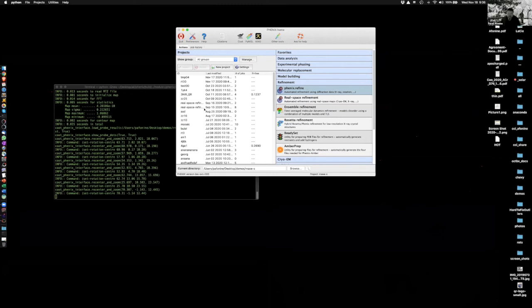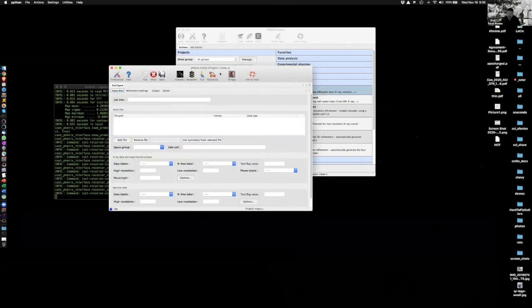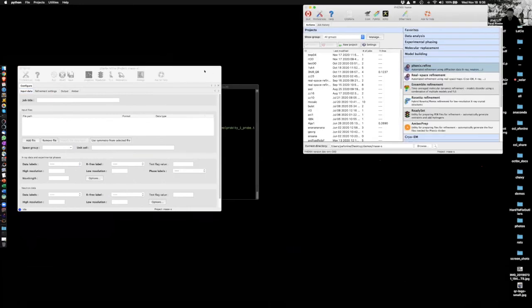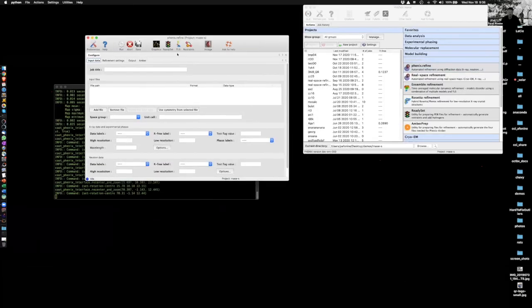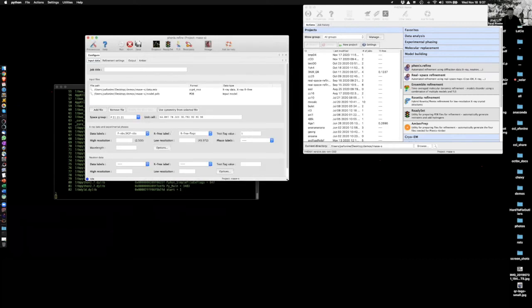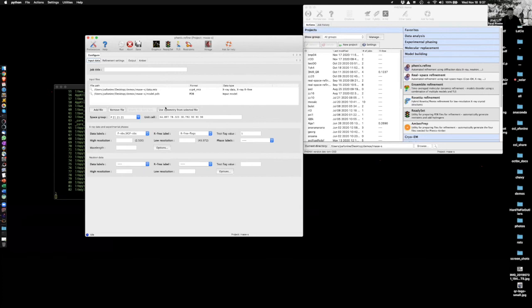We do crystallographic refinement, so I click on phenix.refine, and that again pops up a very generic window where you can load in your data and model. You can give it model and data. That treats all these files and populates information extracted from them.